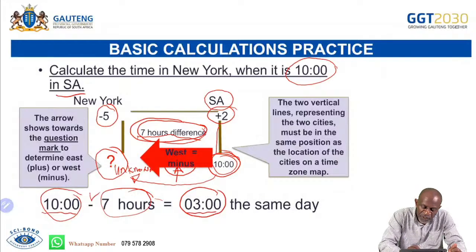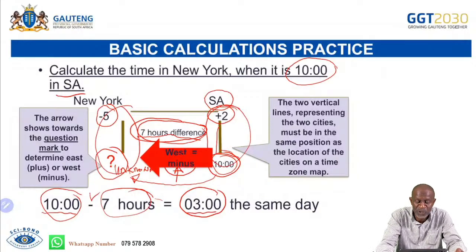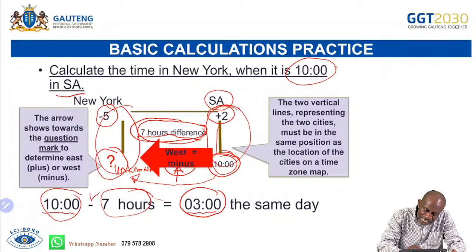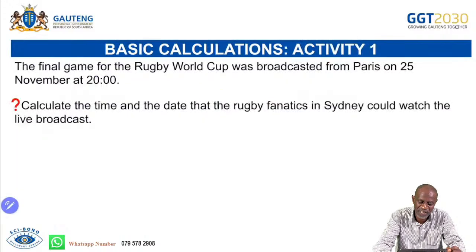So we have extracted these two lines in question from our world time zones. We have taken away these two lines from the rest of the lines from our time zone map so that we deal specifically with the two lines. I trust that you follow grade 12 learners.